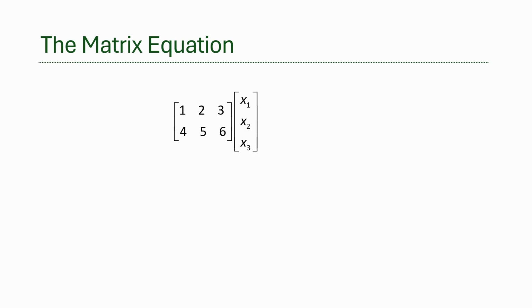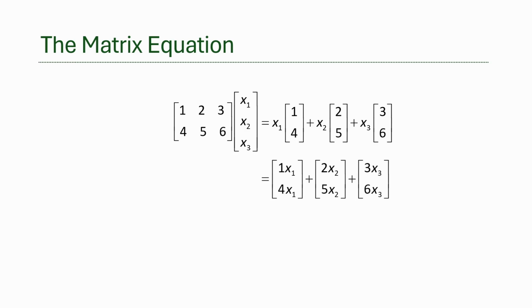Okay, applying our rule, this matrix vector product is this linear combination. I'm going to do the same thing I did before. I'm going to distribute the x's into the vectors, and then I'm going to add the 3 vectors together. And notice what I've got here now.